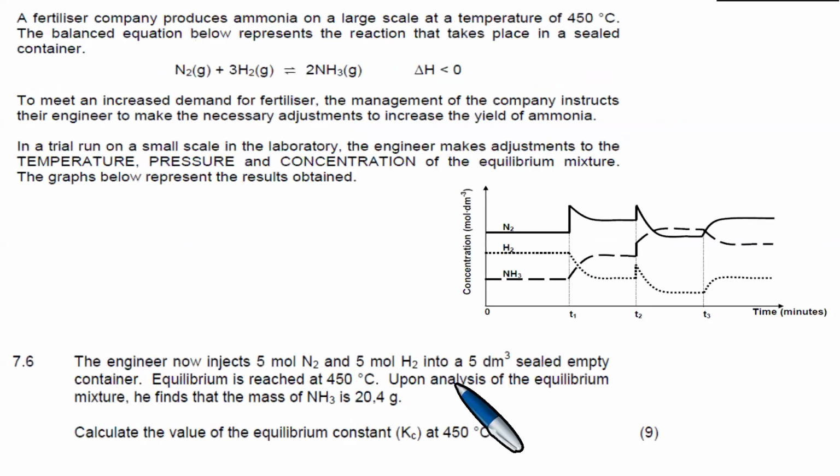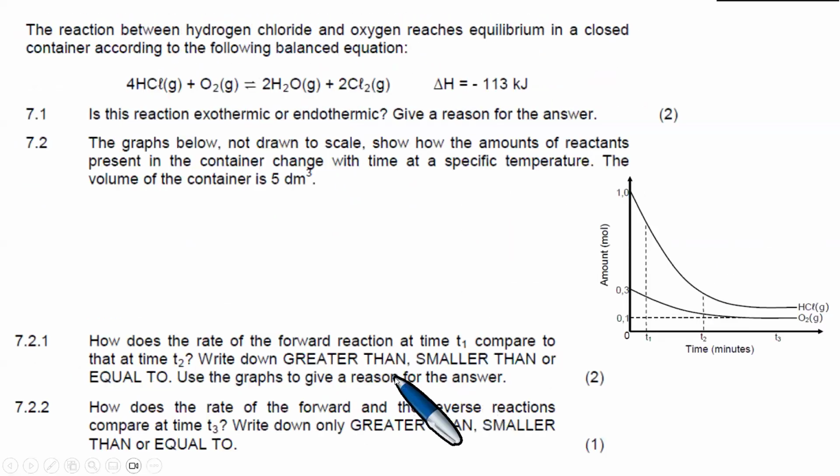This one here is 7.1. In 7.1, the reaction between hydrogen chloride and oxygen reaches equilibrium in a sealed container according to the following balanced equation. This is it.